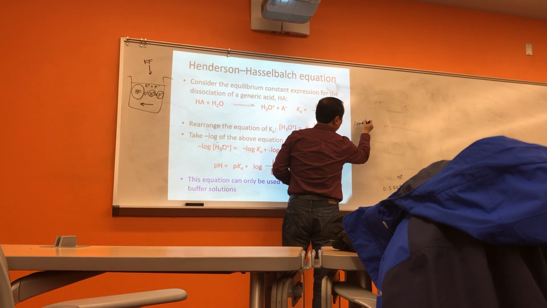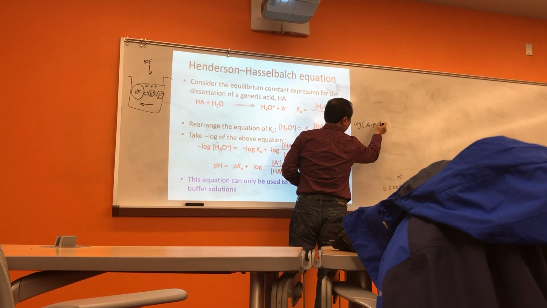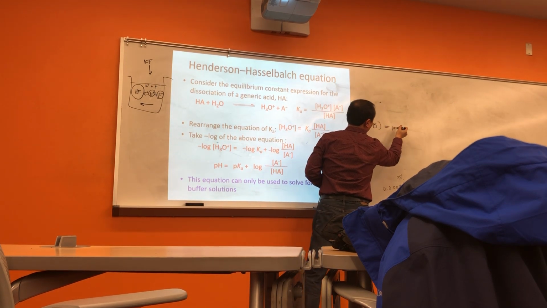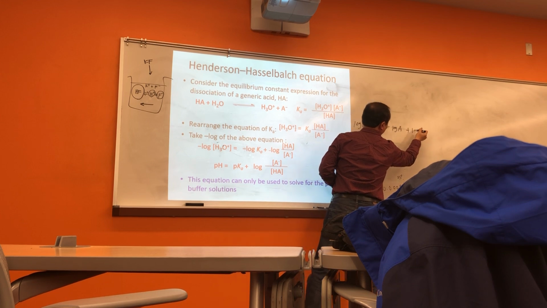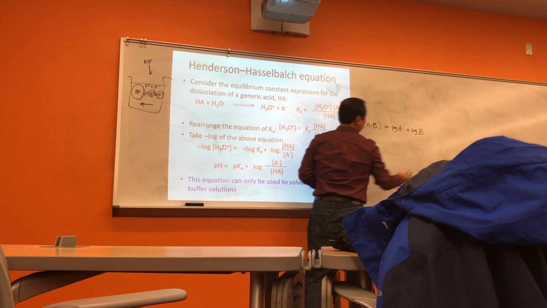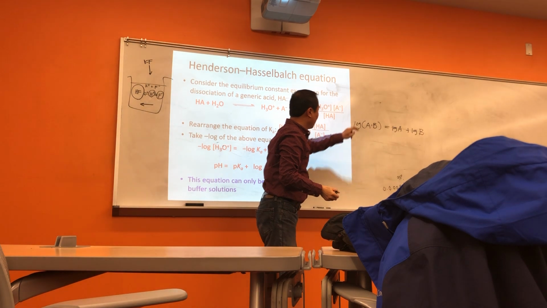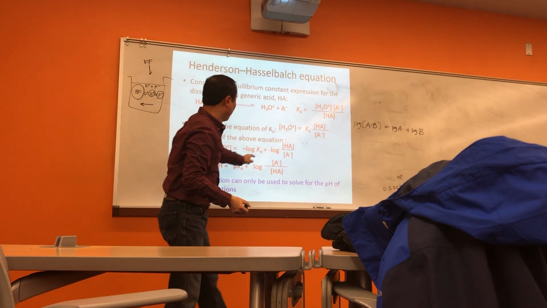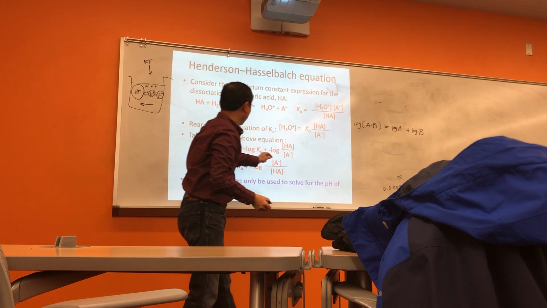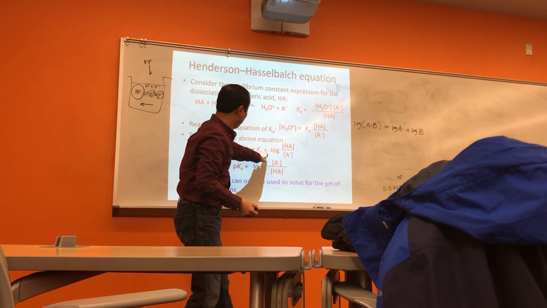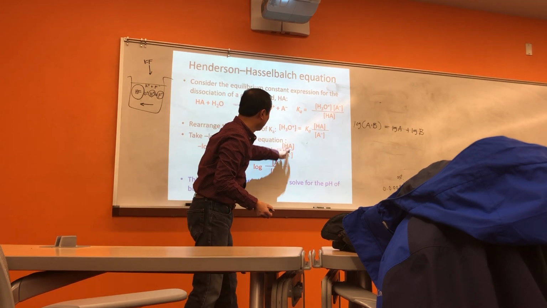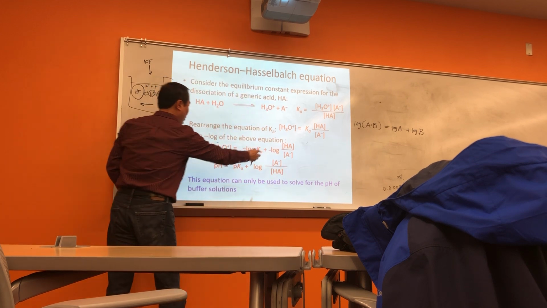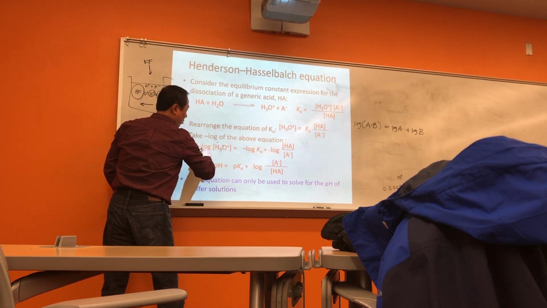If you have a logarithm, the multiplication of two guys will turn into log A plus log B, right? That's one of the properties from algebra. Therefore, the multiplication of this guy will just become addition: logarithm Ka, logarithm of this guy. There's a negative because we just defined the negative logarithm over there.